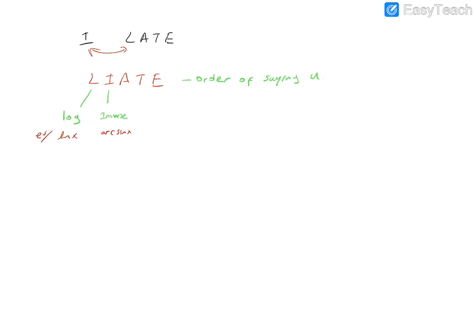A represents the algebraic functions. What are algebraic functions? x squared plus 2x plus 1, etc. T represents the trigonometric functions. Examples: cosine x, tangent x, etc. For example, logarithm base 10 of x is also a logarithmic function.